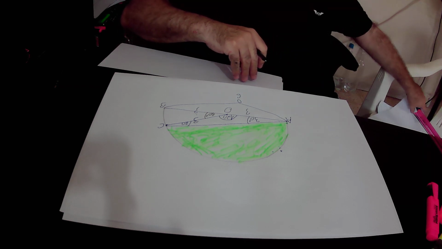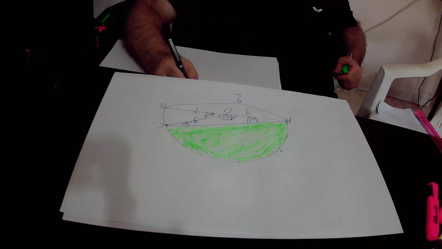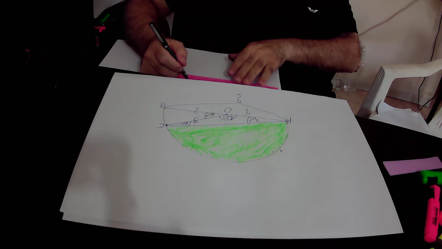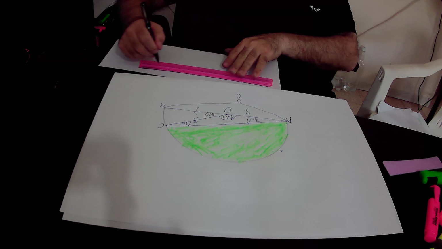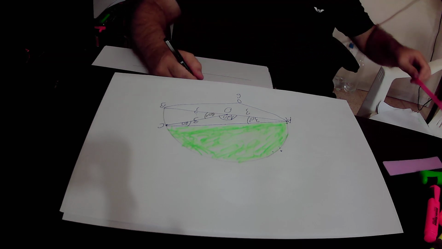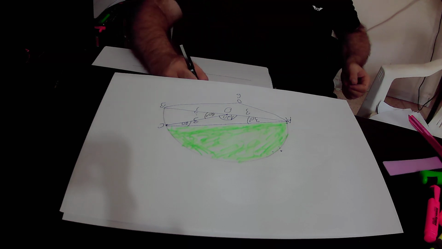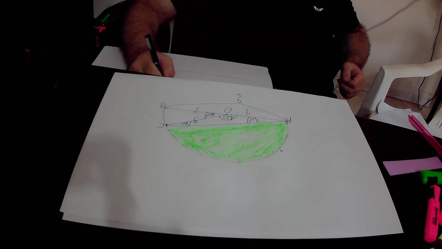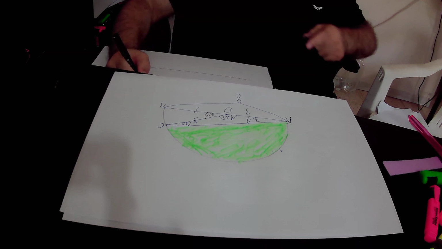According to the second method, I already mentioned that the area of the green shape is equal to the area of the semicircle minus the area of triangle AOC minus the area of sector COB.